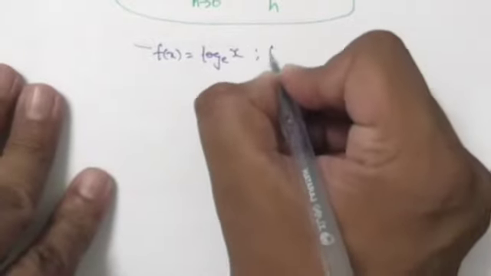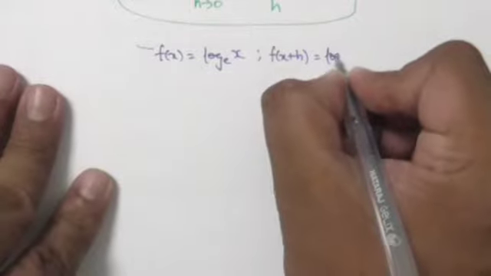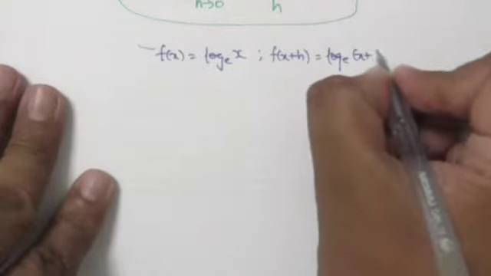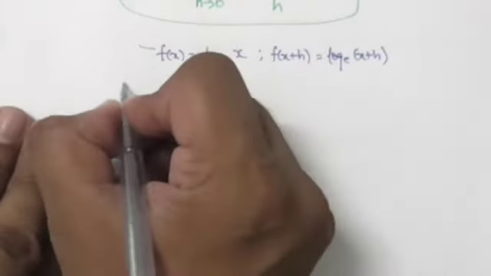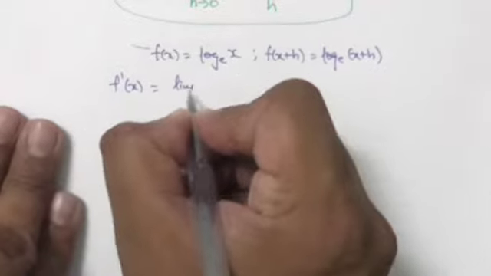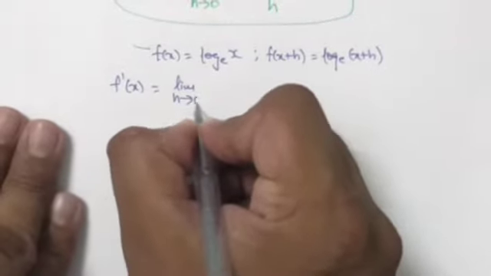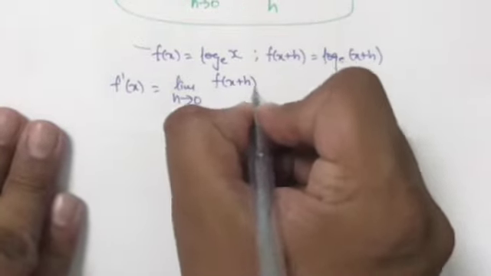Then what will be f(x + h)? It will be equal to log(x + h). Then the derivative of log x according to the first principles of derivatives is this one.